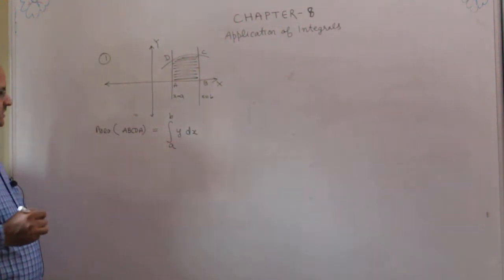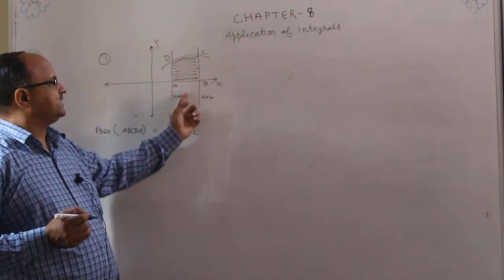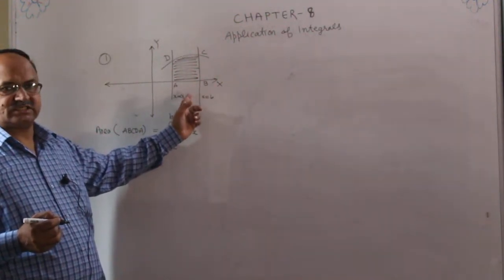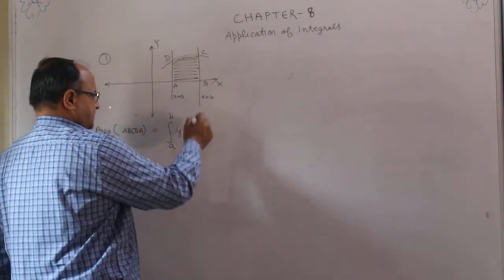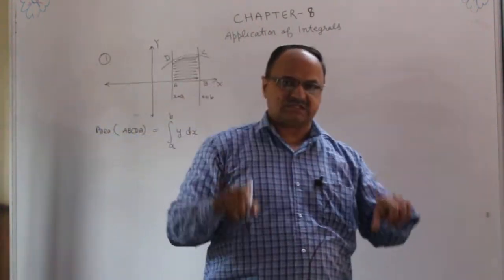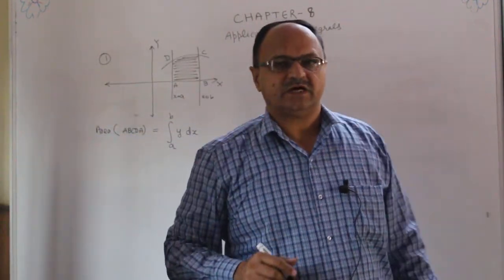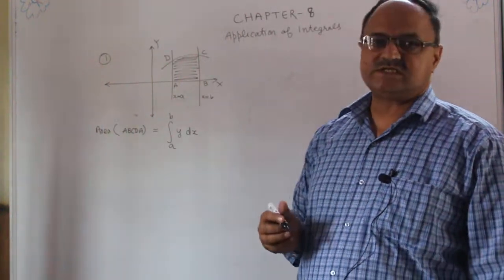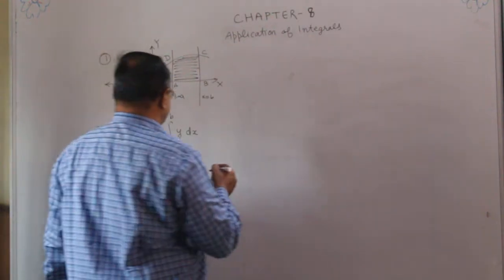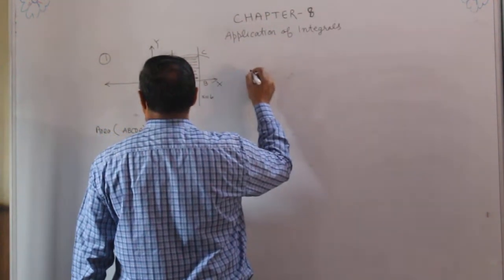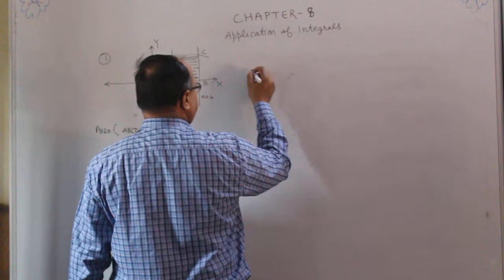That's the point. If your area lies below x-axis, then you have to write the modulus, because you know that area can't be negative.